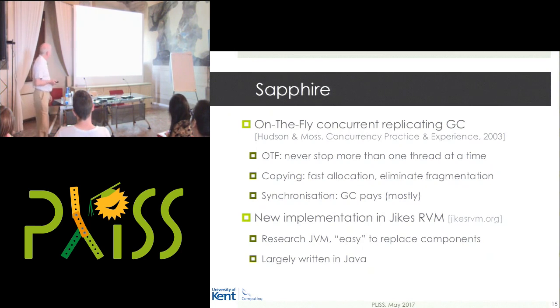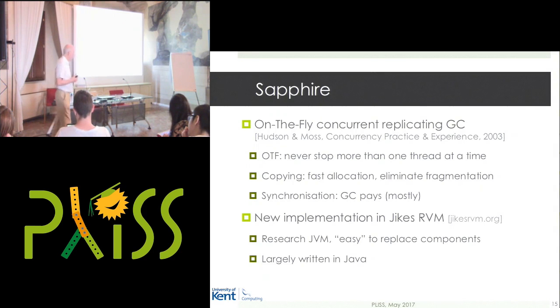So we built a new implementation of this in Jikes. We added a number of novel features. We did it in Jikes RVM, which is a Java in Java virtual machine, and you get all the benefits of having a type-safe language for implementing your virtual machine and your collector.